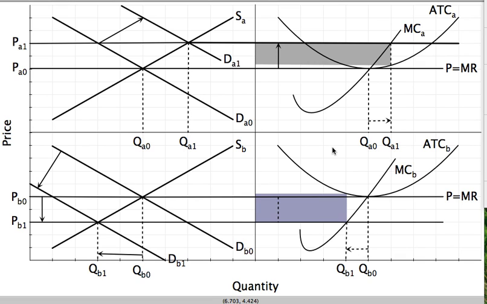So what's going to be the adjustment to all of this? Let's review exactly what happened. For good A, the demand increased because tastes and preferences shift to that product. That shifted the demand curve to the right, which raised the price in that market.